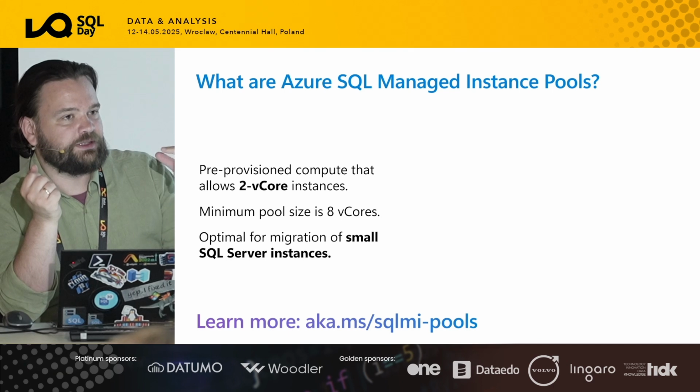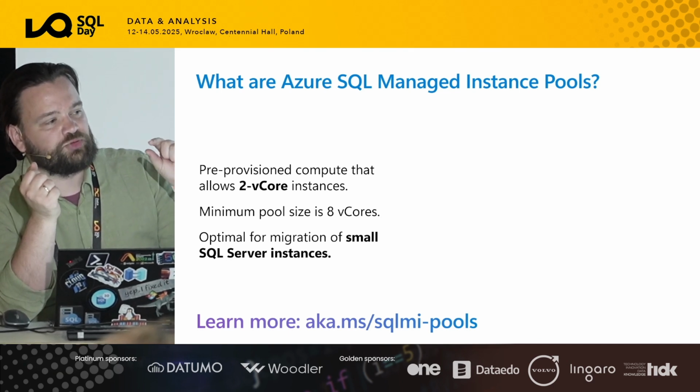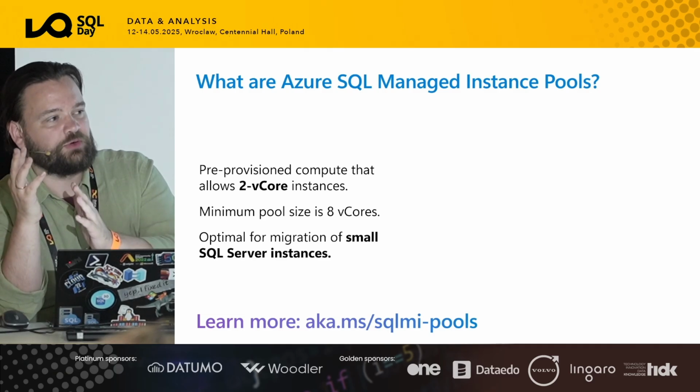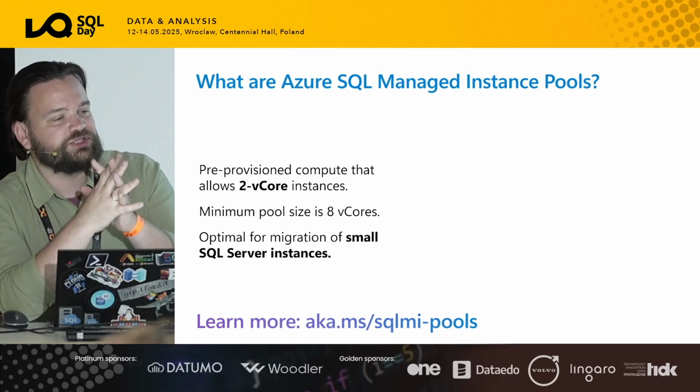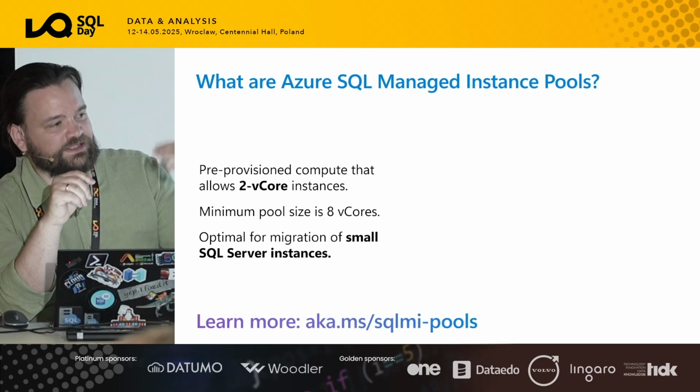The most useful value of instance pool is the fact that you can provision small 2 vCore instances. If you provision single instances, 4 vCore is the smallest instance that you can have. So with this, you can have half the instance, half the price.